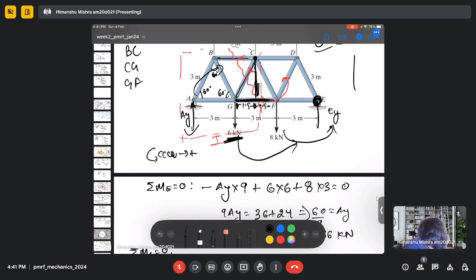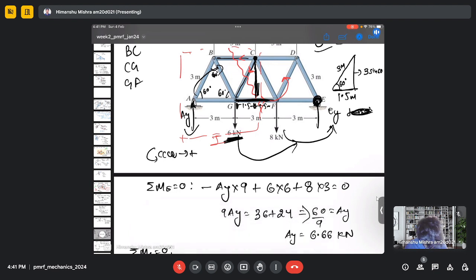So if this is my 3 meter and this is 60 degrees and this is 1.5 meter, then I can write this distance as 3 sine 60.